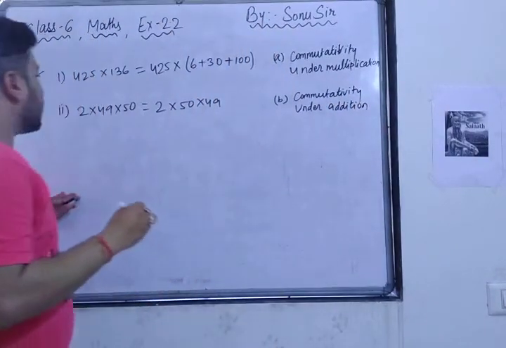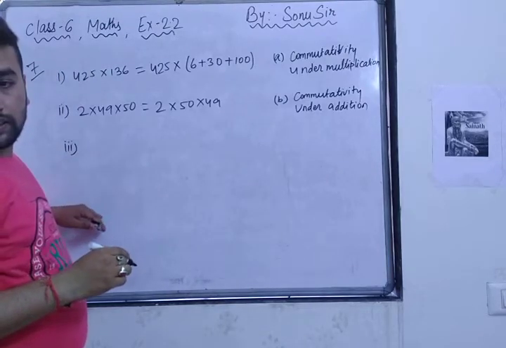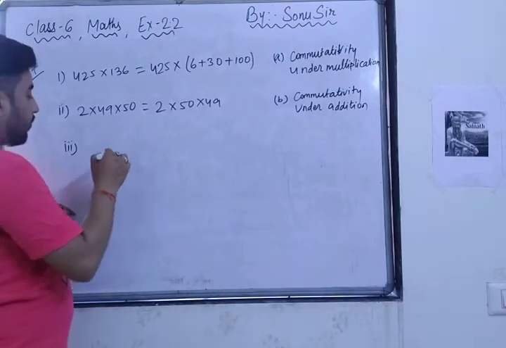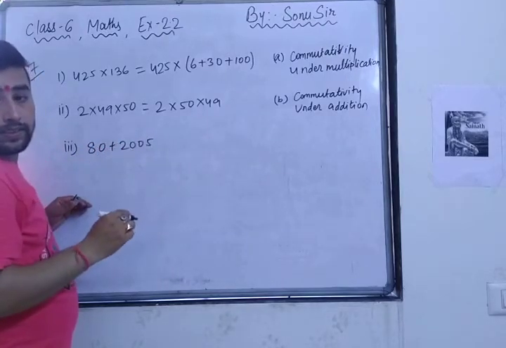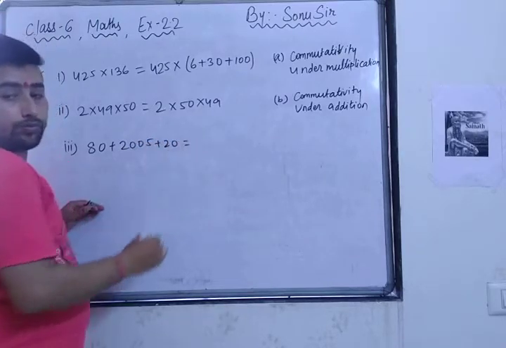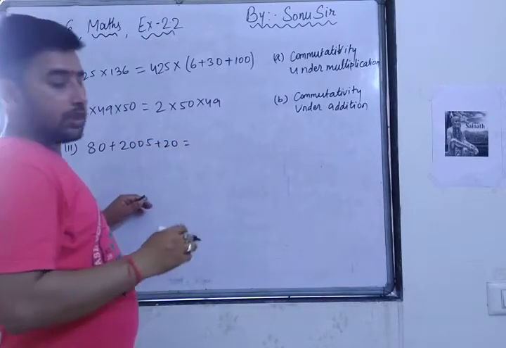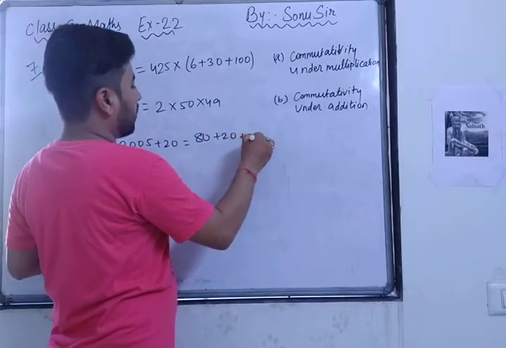Now the third part of the 7th question is 80 plus 2005 plus 20 is equal to 80 plus 20 plus 2005.